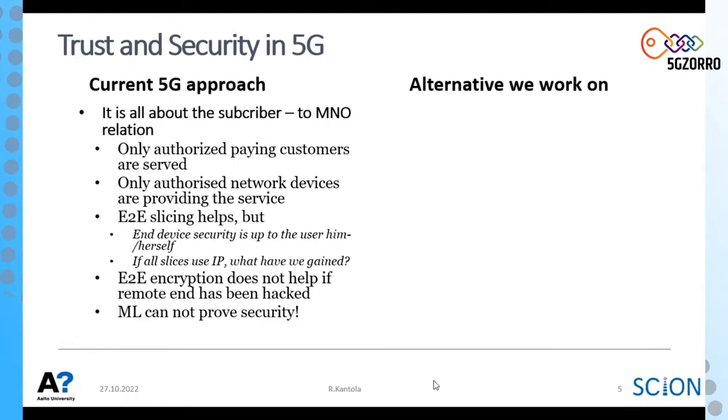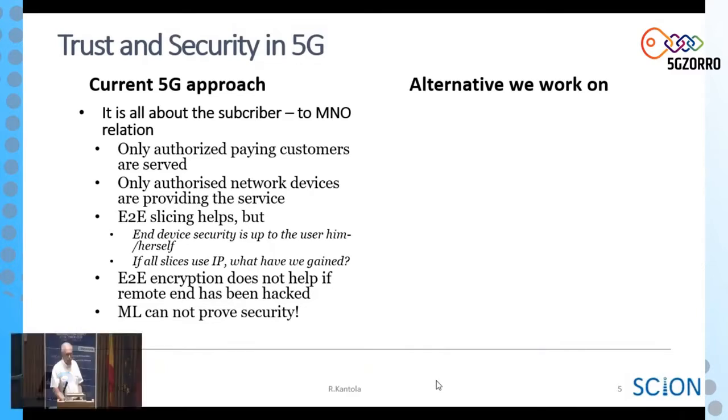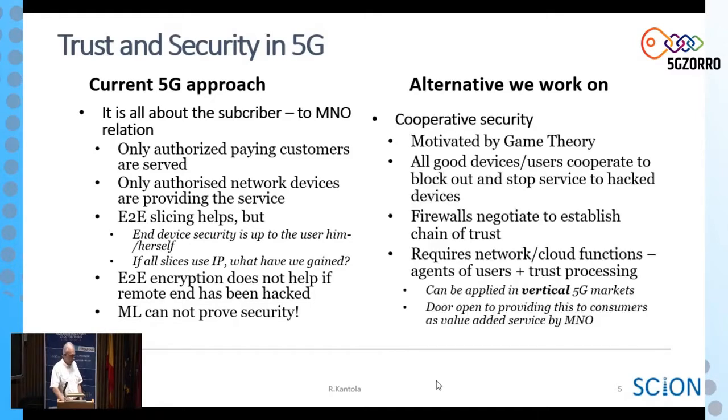Slicing helps, but on the other hand, this term, in my opinion, is slightly overplayed in the industry, a typical hype term. Then, of course, in security, there's a lot of work on machine learning, like in other aspects of the network, but when it comes to machine learning, we cannot prove anything, right? And also the hackers can use machine learning, right?